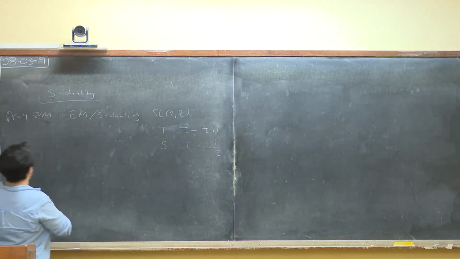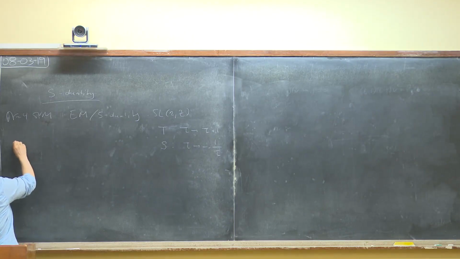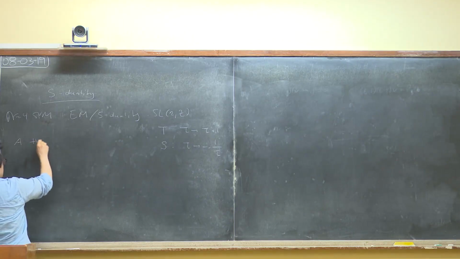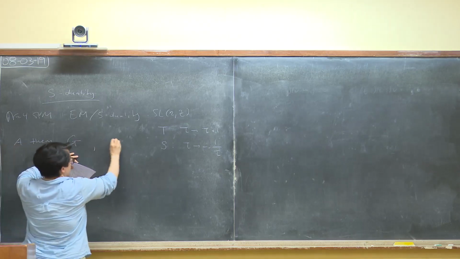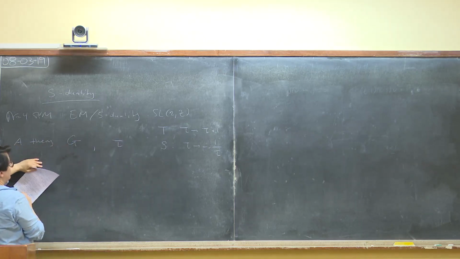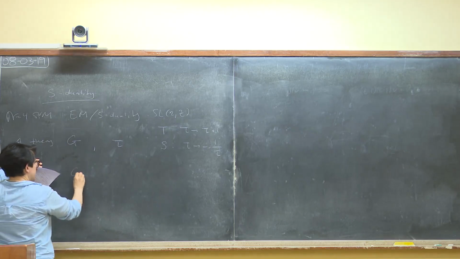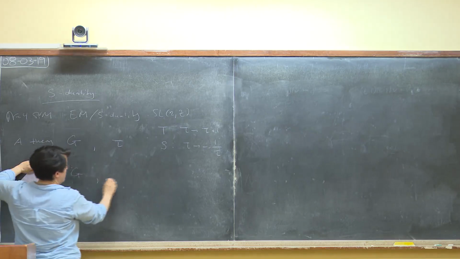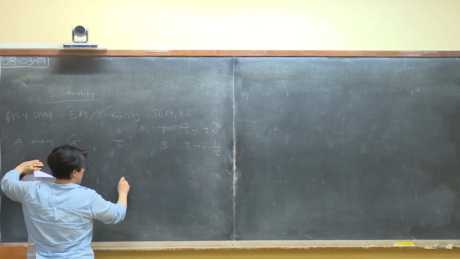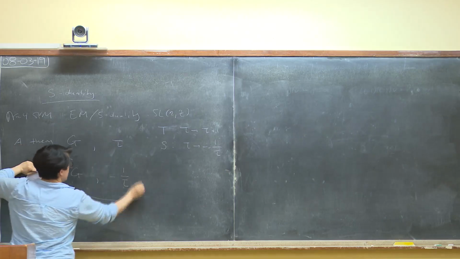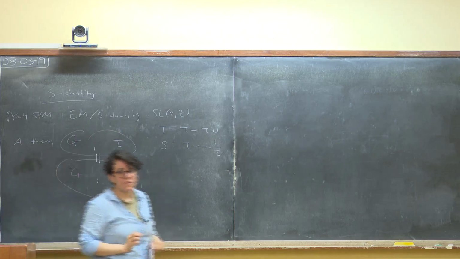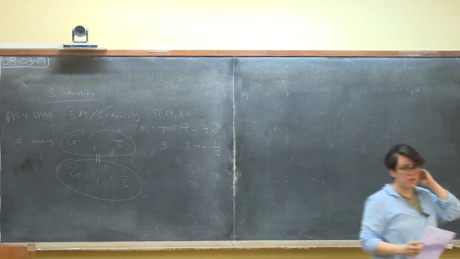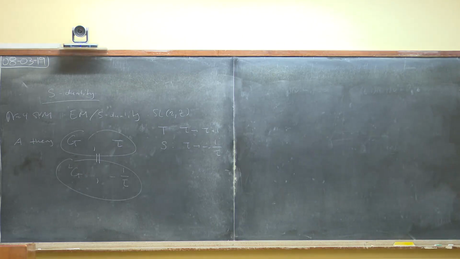So this means that if you have an N equal to 4 theory with some color group G and some coupling constant tau, there is this Langlands dual group with the dual coupling, and these two theories are supposed to be equal. That's the statement. And this was from, I think, 77, Montonen and Olive.